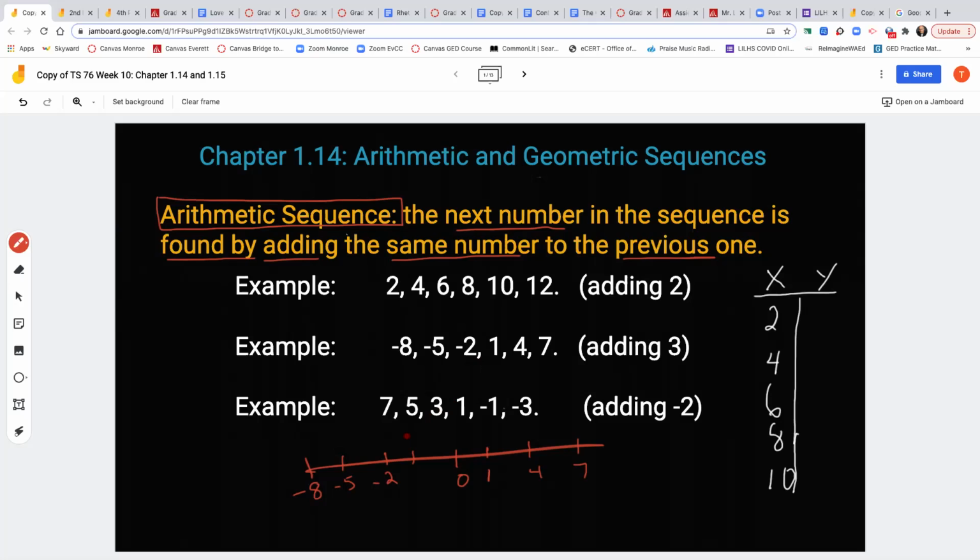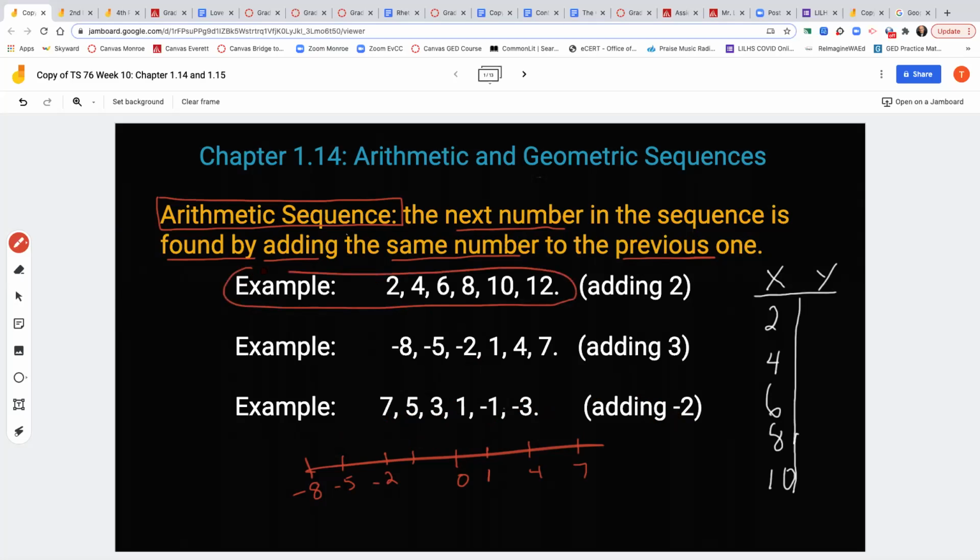And then in this last example, I am adding -2, which is the same thing as subtracting 2 each time. So 7 plus -2 is 5, plus -2 is 3, et cetera. So the key concept on this page is what I underlined in red, an arithmetic sequence, and then maybe at least copy down one example.